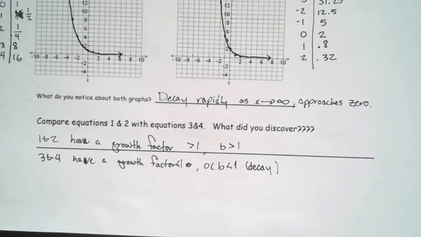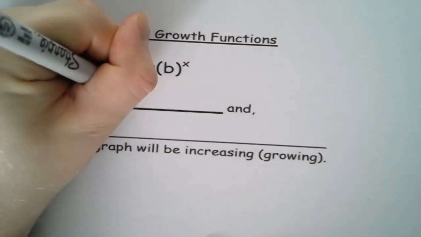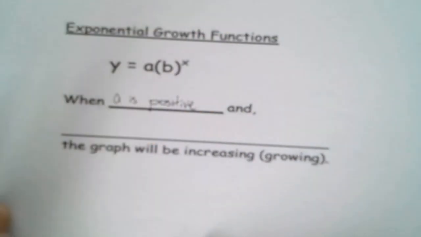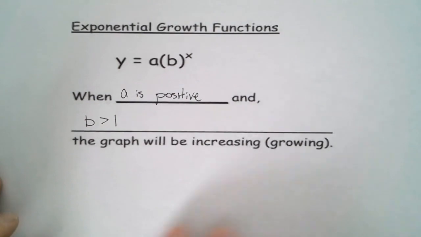So let's go ahead and move on to the next part of the notes here, where we officially define these growth and decay terms. So here it says when A is positive and B is greater than 1, the graph will be increasing, also known as growing.